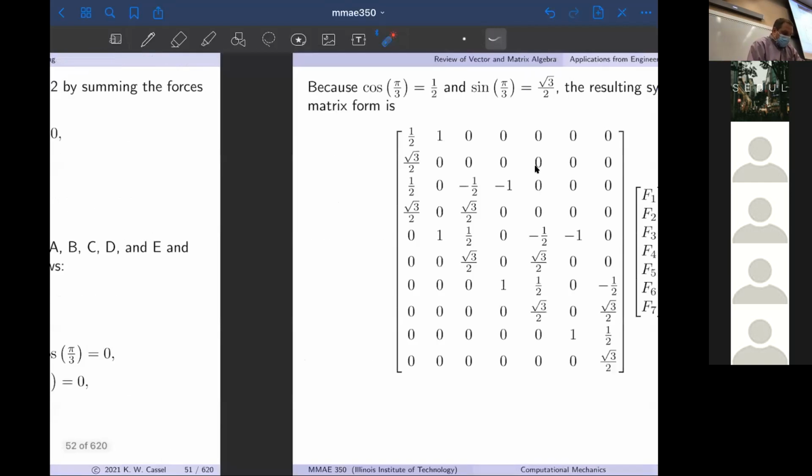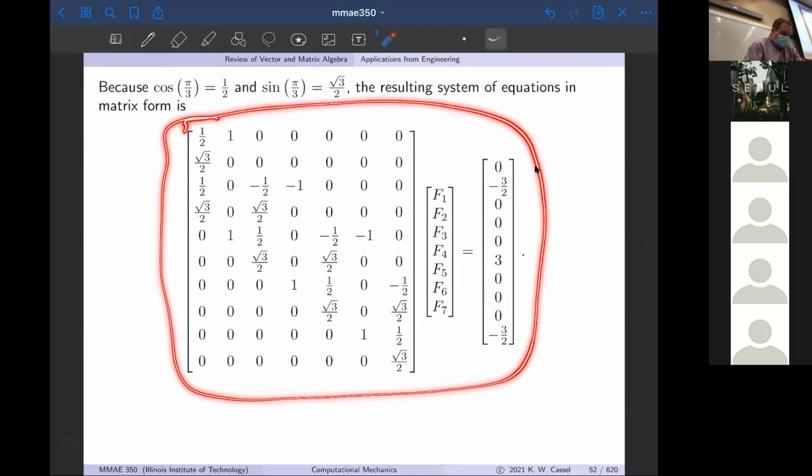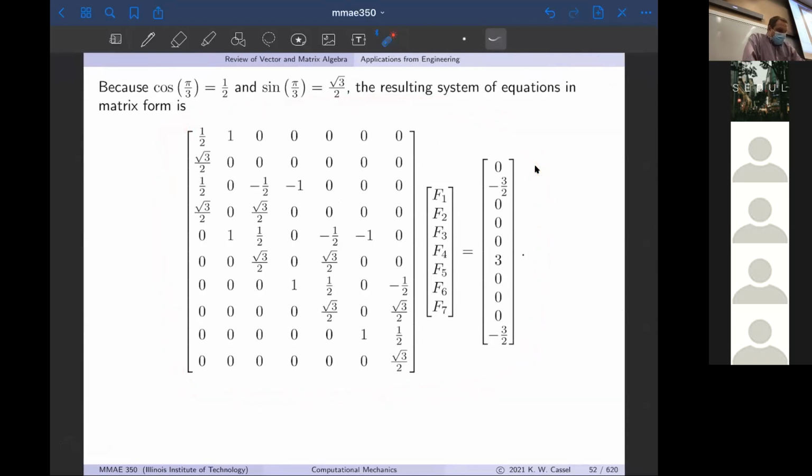And you do that for all 10 equations, and these are the equations that you get. Now, the things to notice about this system of equations: first of all, I've already said there are 7 unknowns, but there are actually 10 equations. So we discussed that. But notice the information that's contained in A and the information that's contained in B. What is the information contained in B, the right-hand side vector?